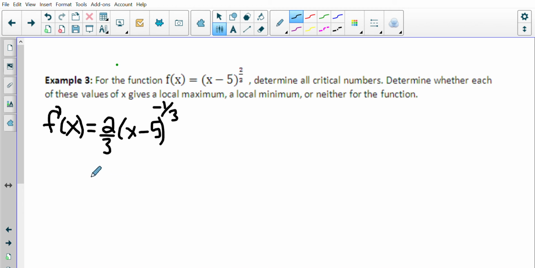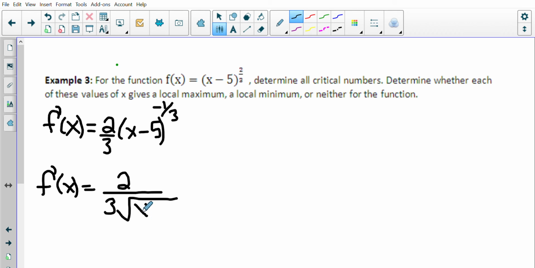Now I'm going to rewrite that derivative. I'm going to have a 2 in the numerator and 3 in the denominator. And now I'm going to flip this function that's to the power of negative 1/3 and put that in the denominator. So I have this x minus 5, which takes care of the negative 1 because I made it a positive 1, but we are taking the third root.